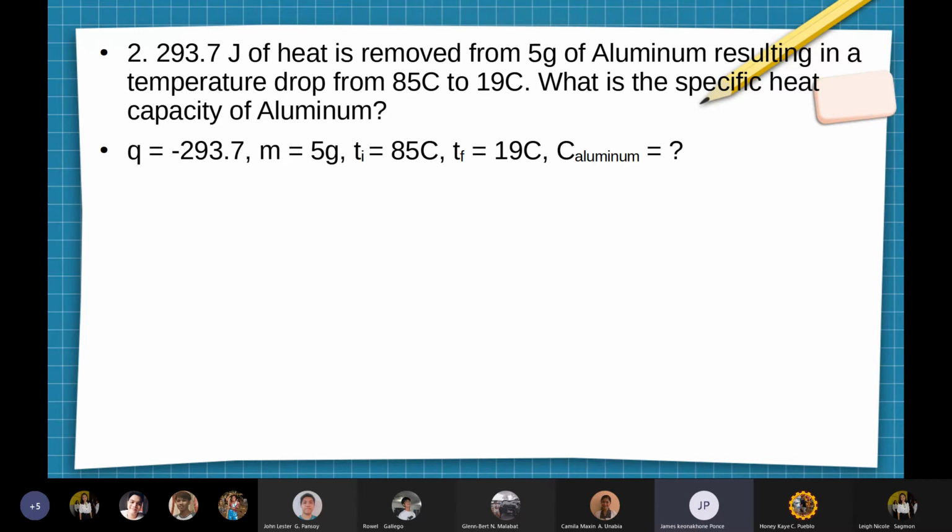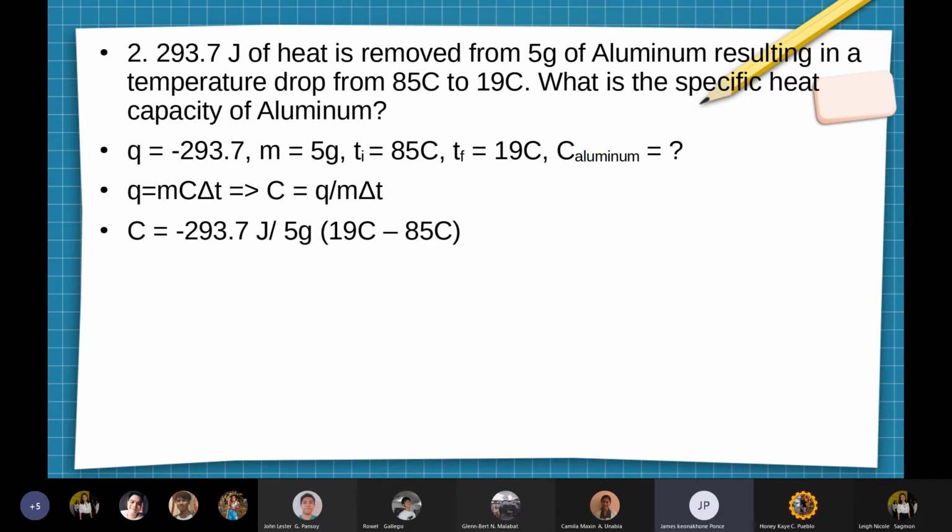We are looking for the specific heat capacity of aluminum. So we use the standard formula again, but this time we transpose it. The formula now is Q divided by mass times delta T. Remember to always keep the units, so when canceling you won't be confused. And the answer is 0.89 joules per gram Celsius.